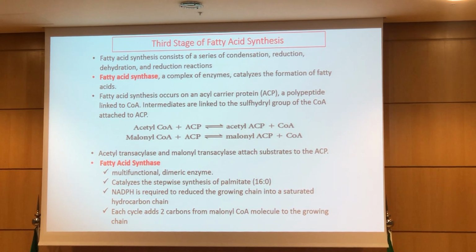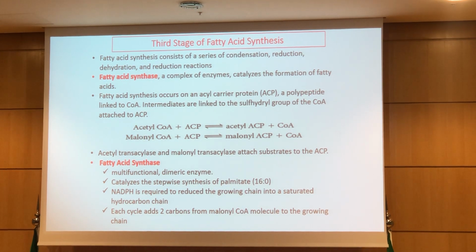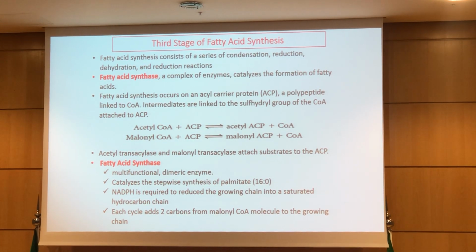For who? FAS. Fatty acyl synthase. Again, I told you it's about 5 enzymes all in one, working all together. It catalyzes a stepwise synthesis of a C16 fatty acid chain. You require NADPH, and it goes through a cycle.